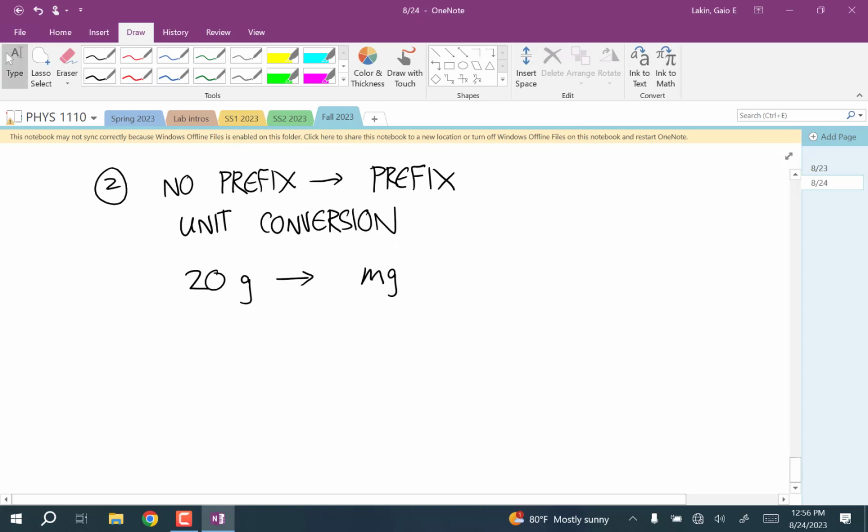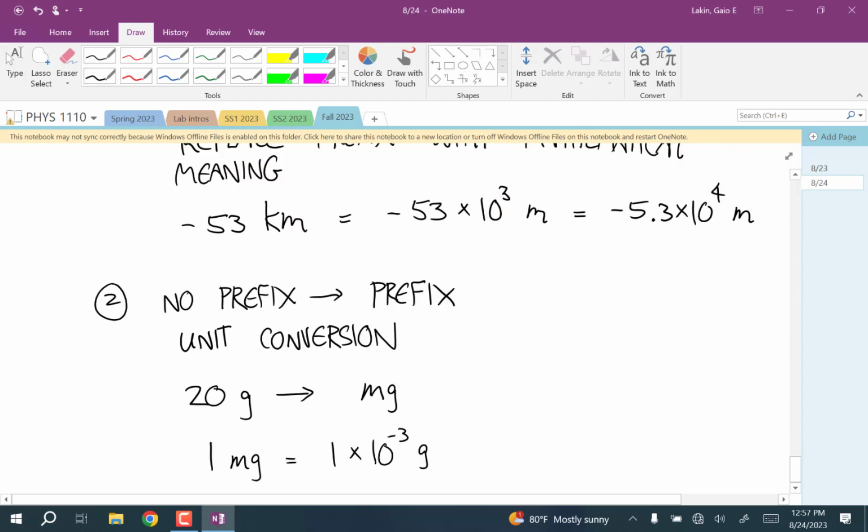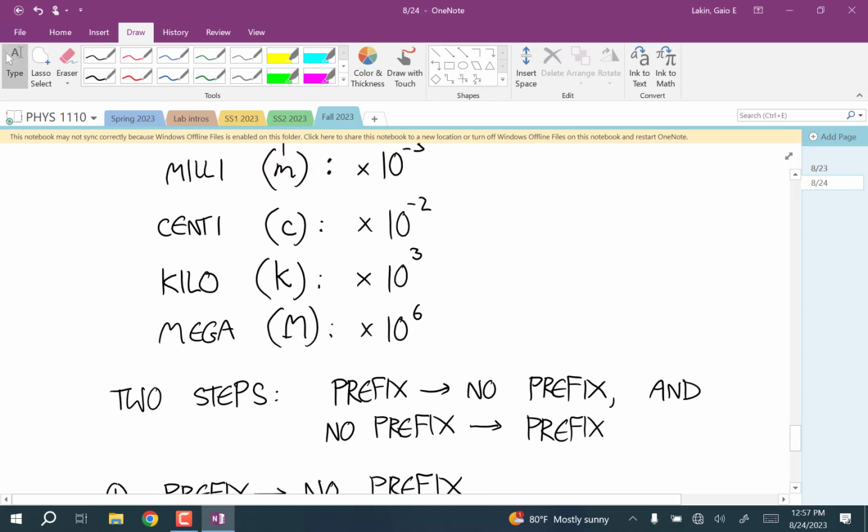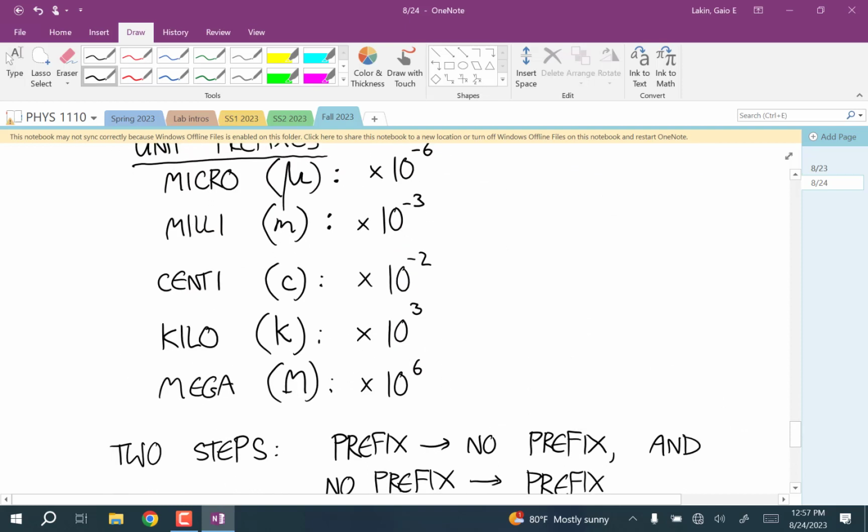First you have to think of a unit conversion between grams and milligrams using the definition of milli. So we know that 1 milligram is equal to 1 times 10 to the minus third grams. I got that from this list of mathematical meanings: milli is equal to 10 to the minus third power.